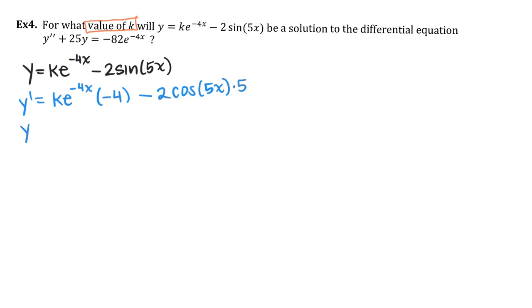Okay, I'm going to make this look a little nicer. So this is negative 4k, and remember, k is just some random constant, minus 2 times 5, 10 cosine of 5x.